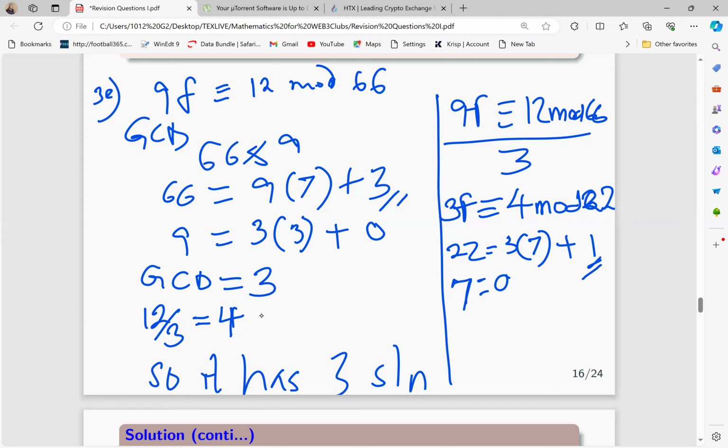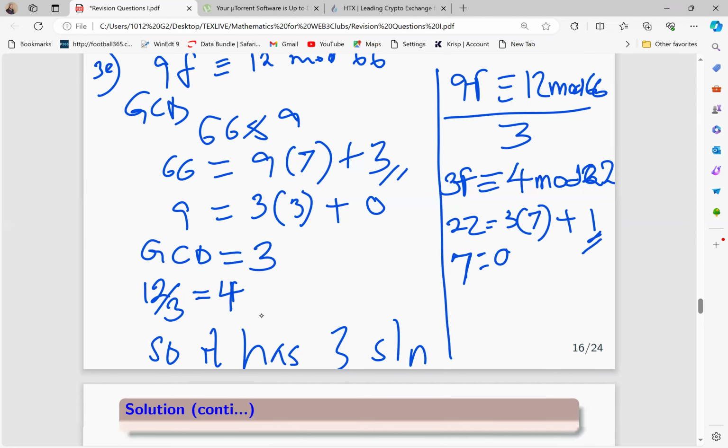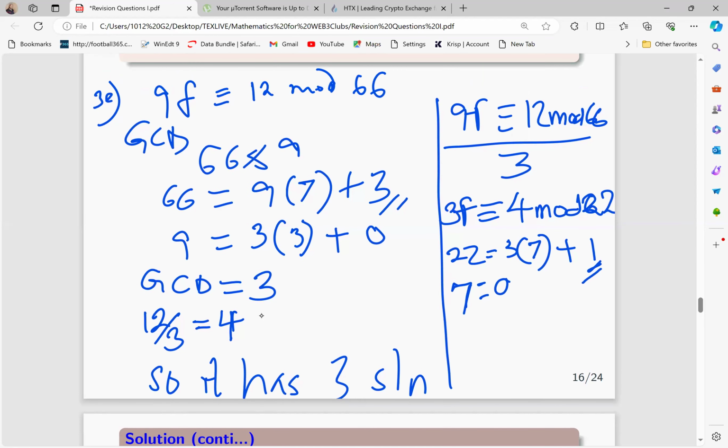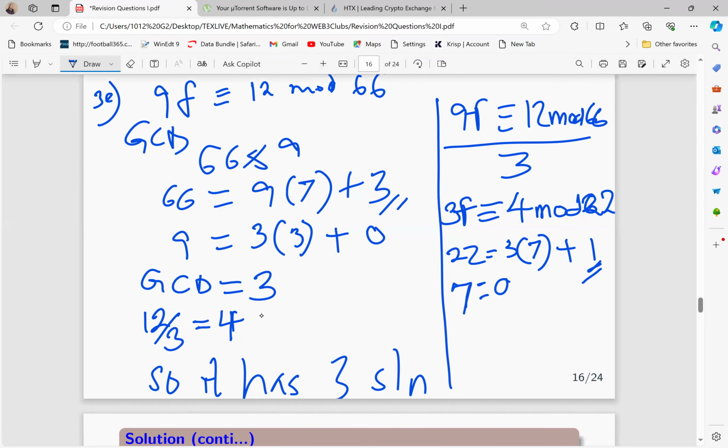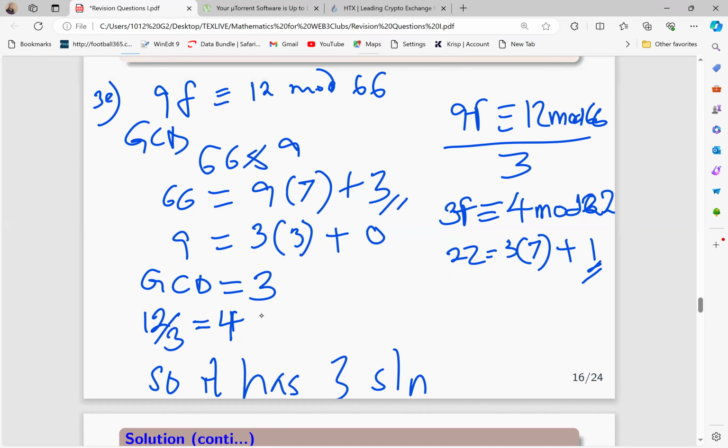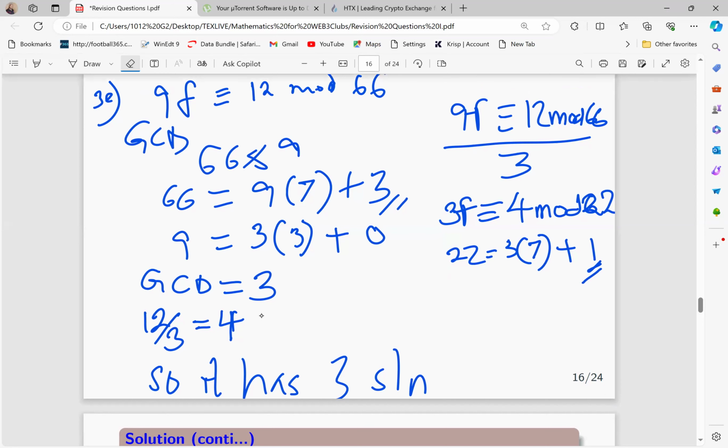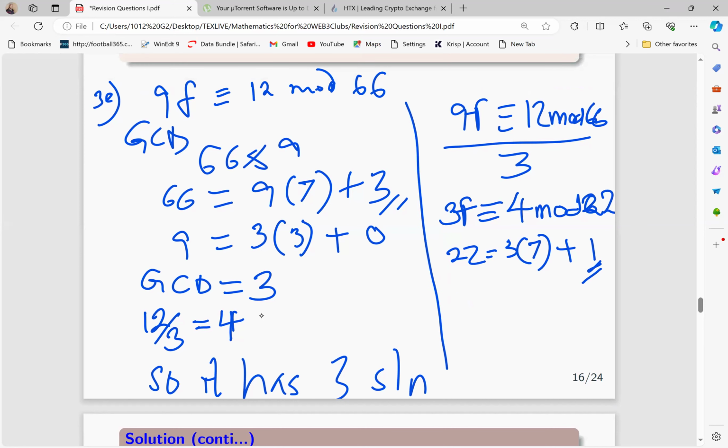So just erase this. You just reverse this equation. Make 1 the subject of the formula, or say 1 is equal.